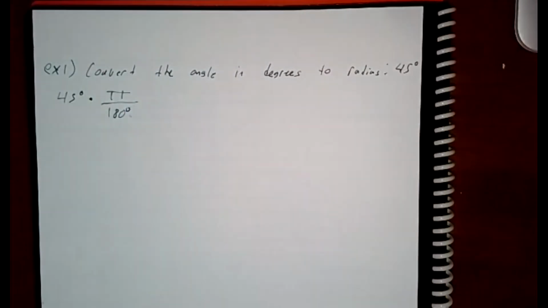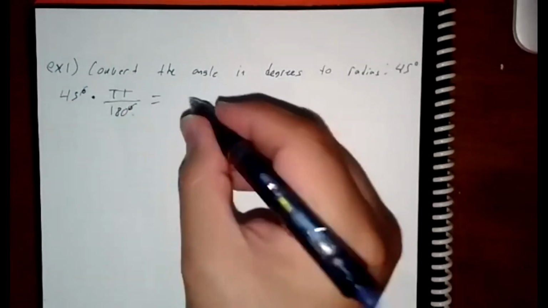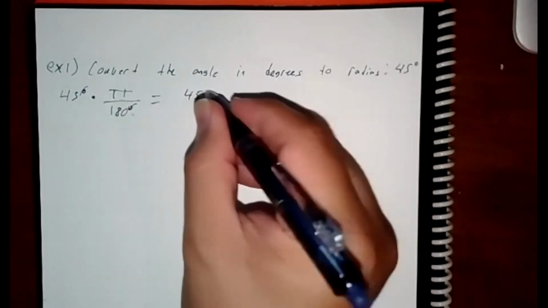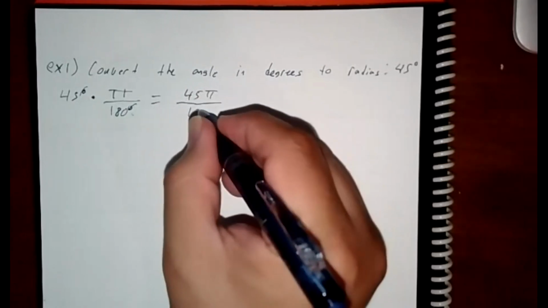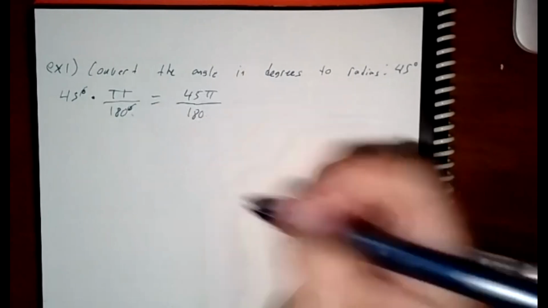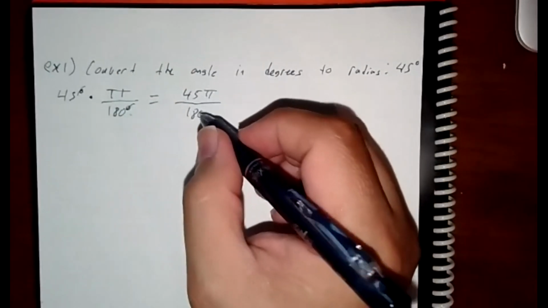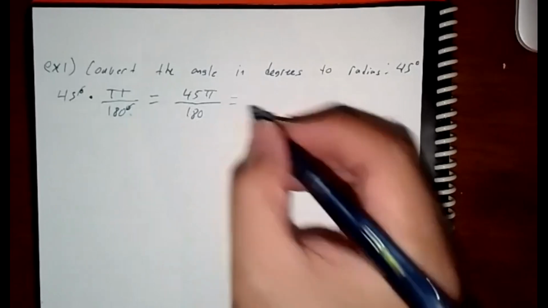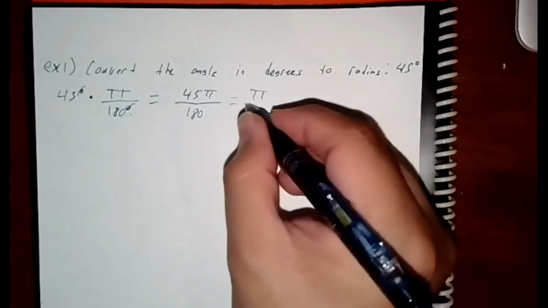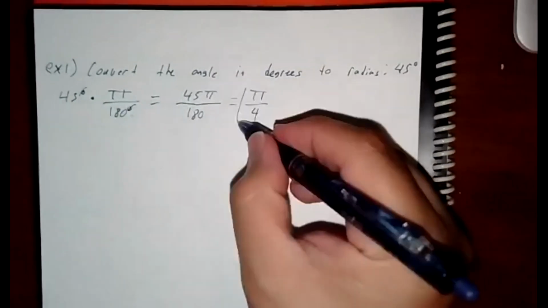The degrees cancel, leaving me with 45 pi over 180. That reduces, right? 45 goes into 180 4 times, leaving me with pi over 4. So this is radians.